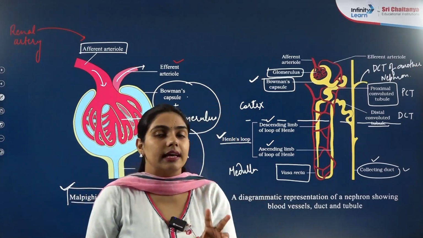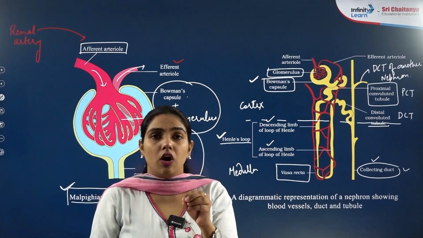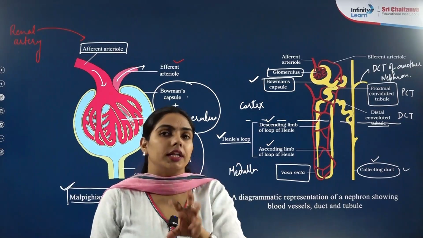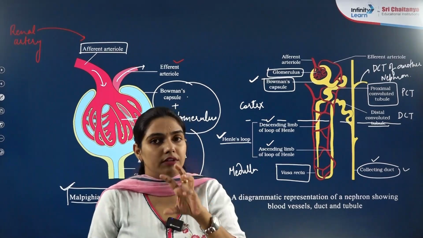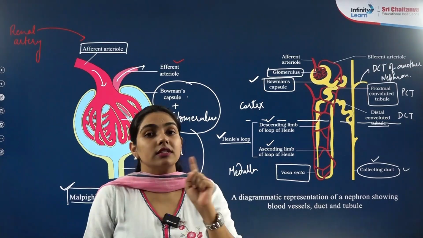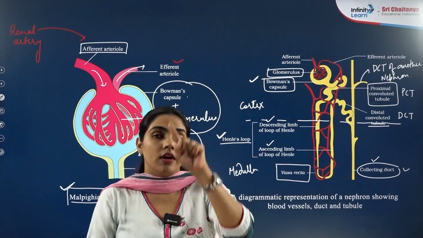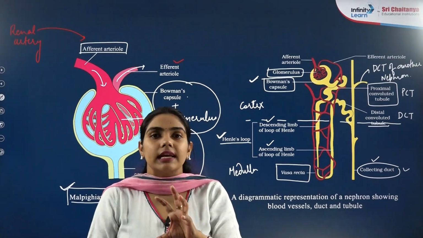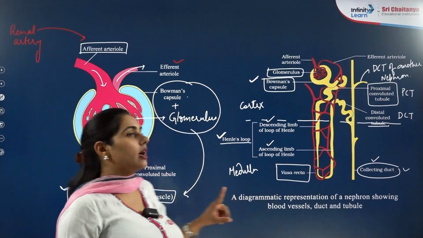This vasa recta will be reduced, or maybe not formed, when it is a cortical nephron. But if it is a juxtamedullary nephron where the loop of Henle is very long, then the vasa recta will be well developed. So this is another difference.